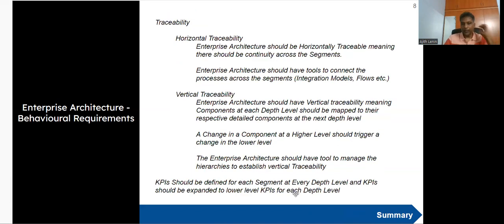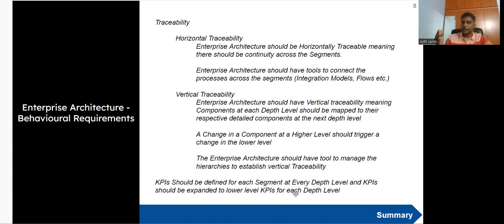Now let's look at a couple of behavioral requirements. Traceability: we talked about this in the previous slide. To summarize, we need to have horizontal traceability and vertical traceability. When I say horizontal traceability, the enterprise architecture should be traceable across the segments, across the breadth.